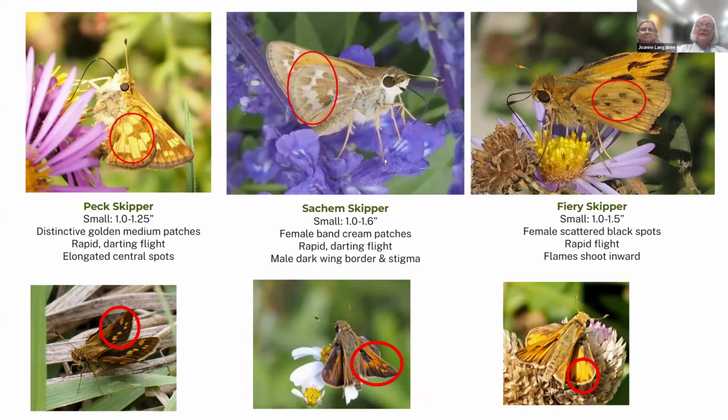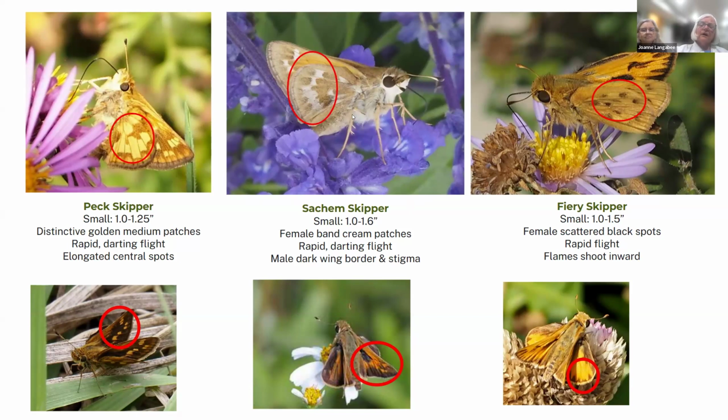Sachem is a little bit lighter in color. The female has this V shape that is light in color. On the male, sometimes you may not even notice this V shape, as opposed to the female. And it's pretty common.